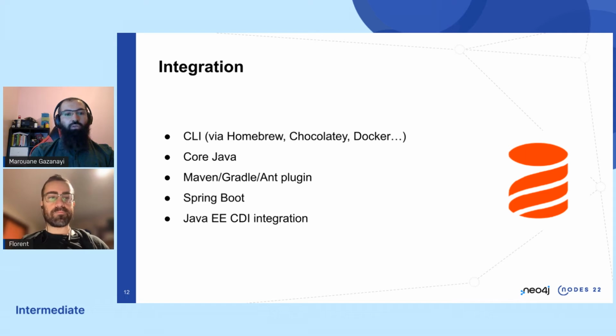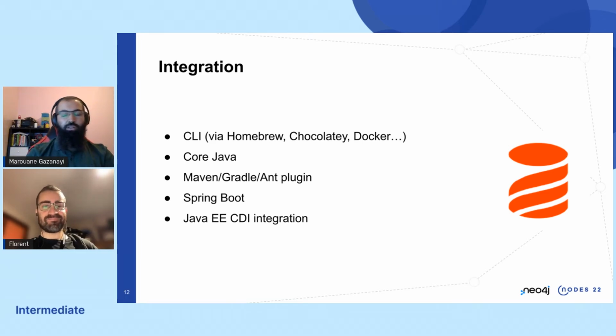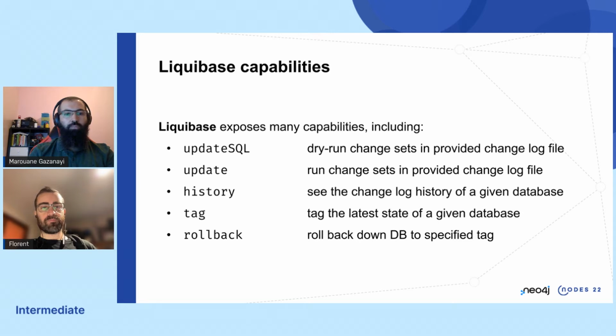And if you are already using Spring Boot, here all the magic happens, because you only need to configure a data source after, of course, including the plugin, and everything will be magically configured for you. There is also a Java EE CDI integration, so if you are on that, you can obviously use Liquibase for Neo4j.